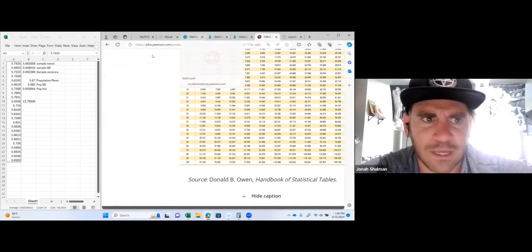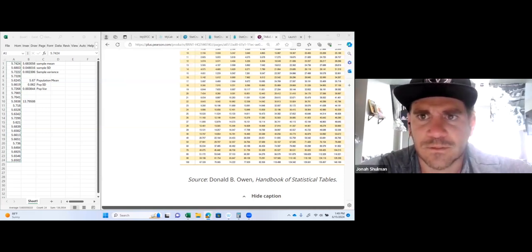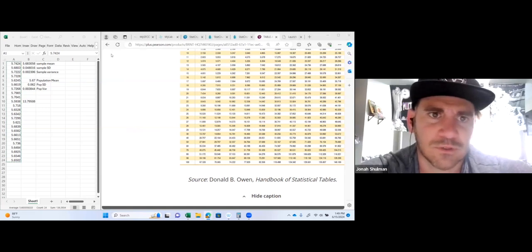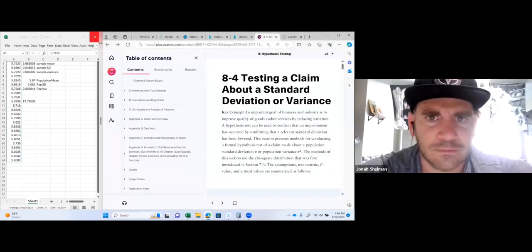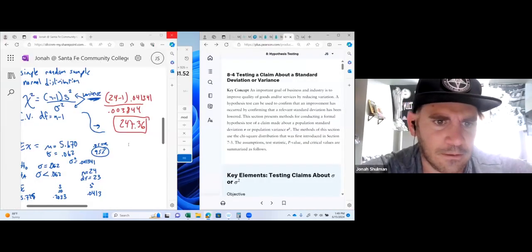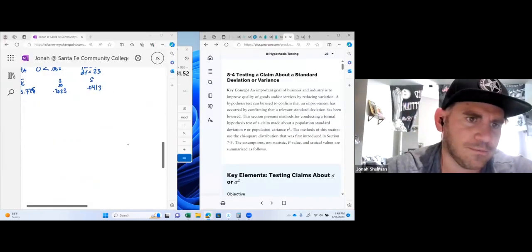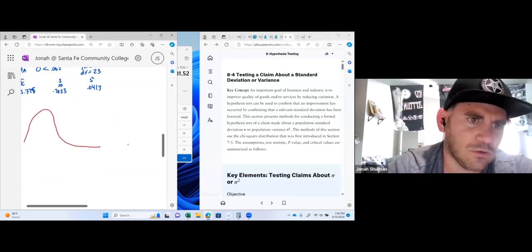And now all we have to do is draw ourselves a pretty picture, and you will see why this works. I'm sure there's going to be a computer program that does this for us, but in the meantime, we know this is how the picture looks. At 95%, it was 13.091.